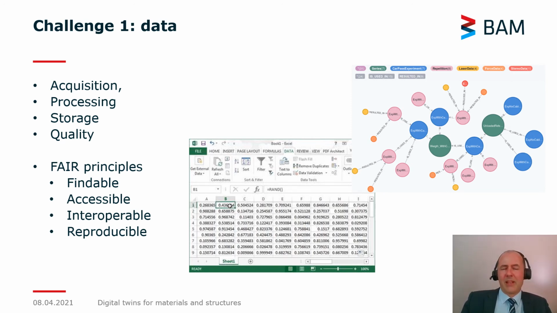In many cases, in particular in publicly funded research, FAIR principles have to be followed: findable, accessible, interoperable, and reproducible. I would say many of those are also relevant for industrial applications, because that's not only relevant for exchanging data with others, but also within, say, a company; those principles hold from my point of view.